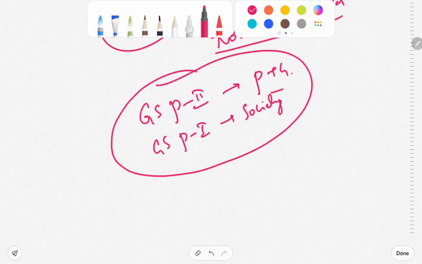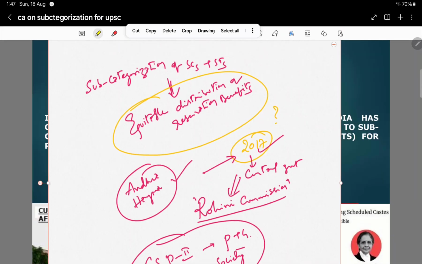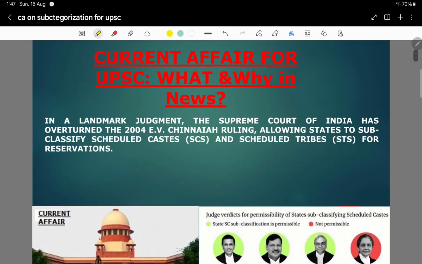So in this context, let us understand the current developments and why it is in the news.